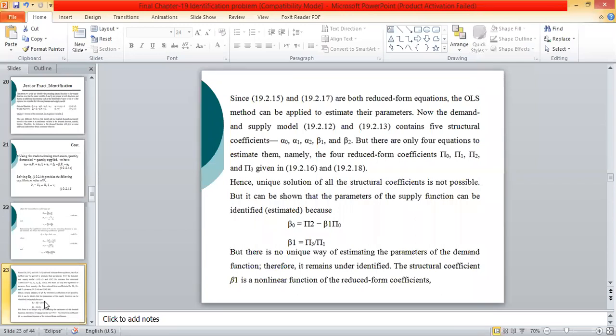Because in the reduced form equations, on the right side we have only non-stochastic variables, or only the predetermined variables, and by assumption these predetermined variables are uncorrelated with the error terms. When they are uncorrelated with the error terms, it means we are not violating the assumptions of the classical linear regression model. So we estimate the reduced form equations by applying OLS.